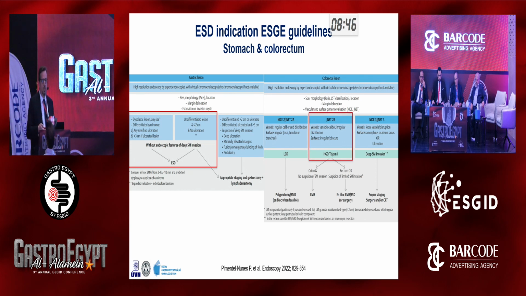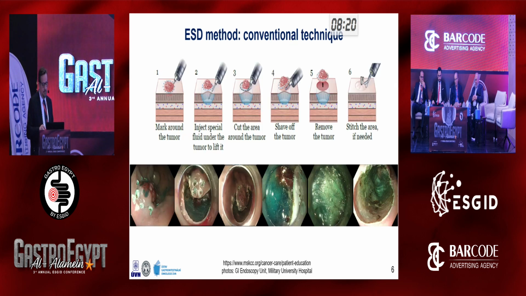The most common lesions in the Czech Republic, where I come from, are colorectal lesions. Here we look at the JNET classification, and in the case of JNET 2B, which predicts cancer with shallow submucosal invasion, ESD is indicated.